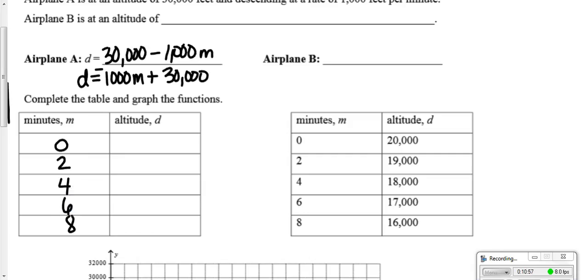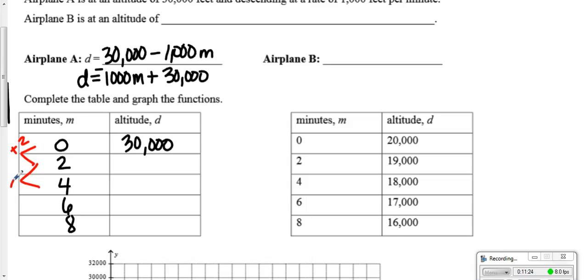Again, I'm coming up with the values of my table by comparing the second table that's already completed for us. At 0, I'm at 30,000 feet, so that's my starting point. My slope is 1,000 feet per minute, but my table has me going by 2 minutes.